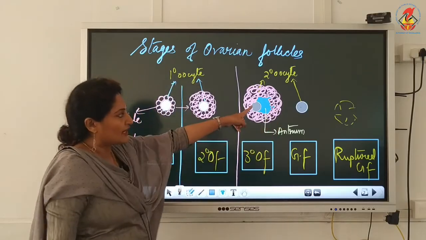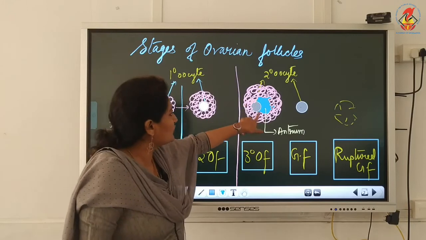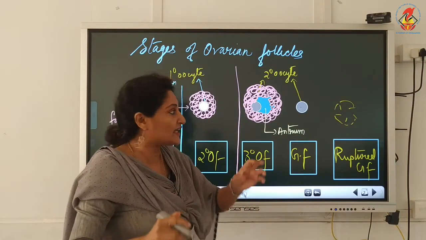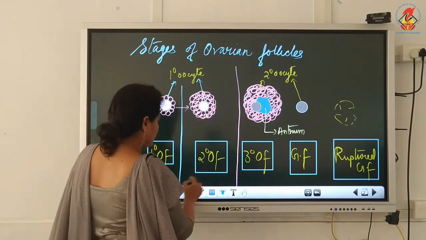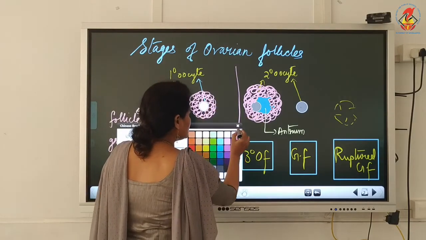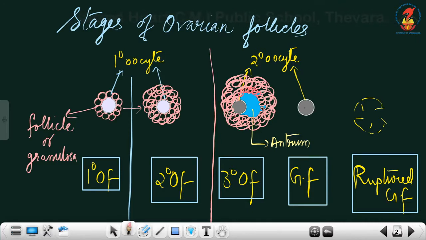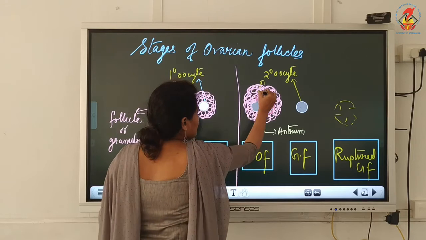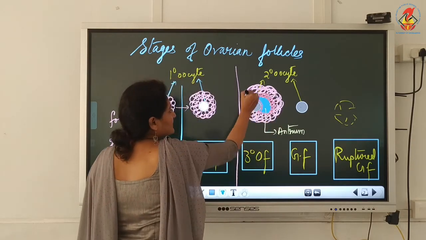The granulosa cells get organized to accommodate this cavity, and they form two thecas. The theca that surrounds the antrum is known as theca interna, and the theca that is outside, the light pink, is called the theca externa.